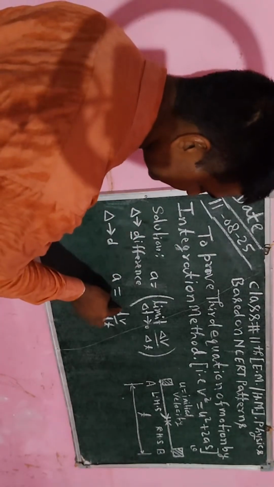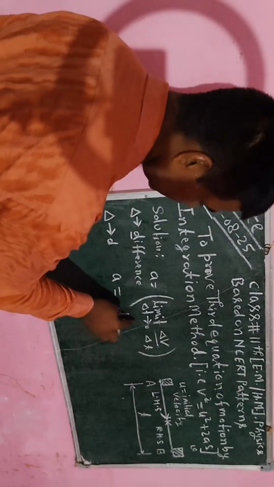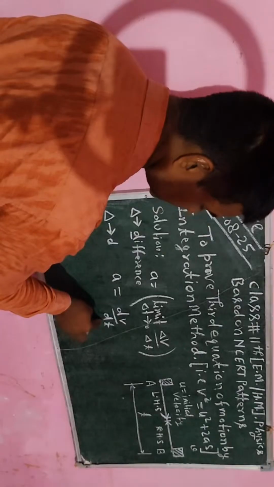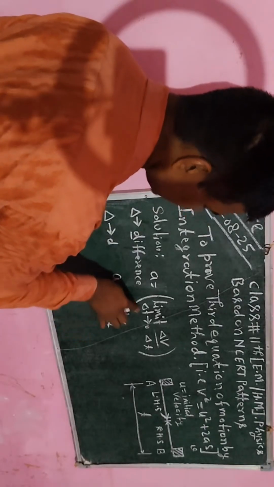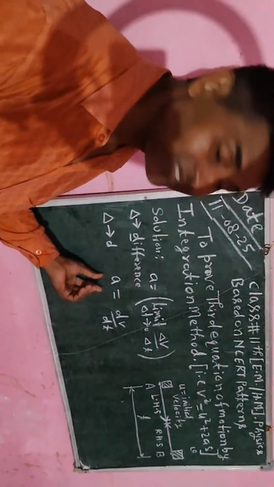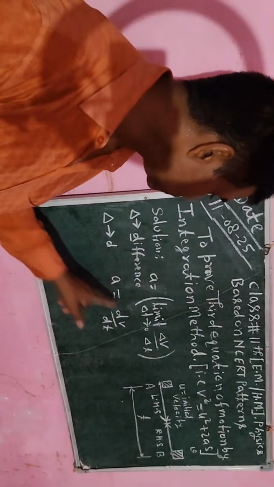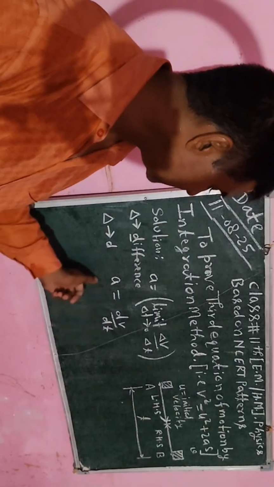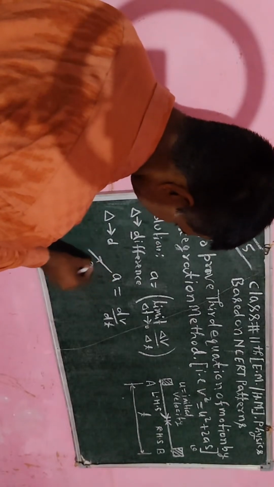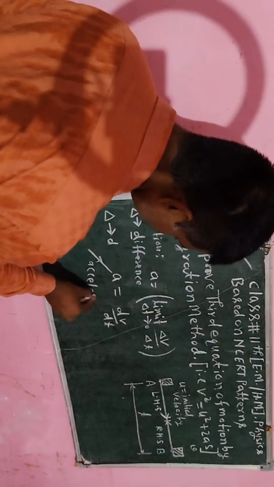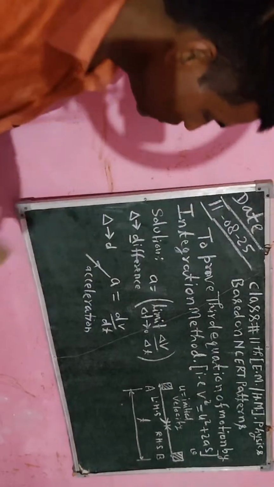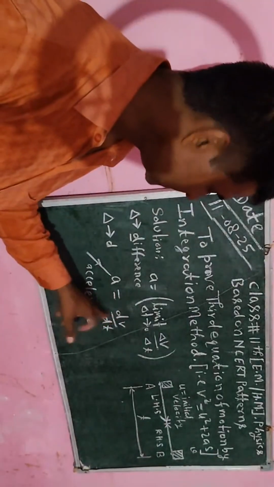So dv divided by dt, meaning change in velocity divided by change in time, is also known as acceleration. So the concept of acceleration, I can write a is equal to dv divided by dt, where a is known as acceleration. So acceleration a is equal to dv divided by dt.